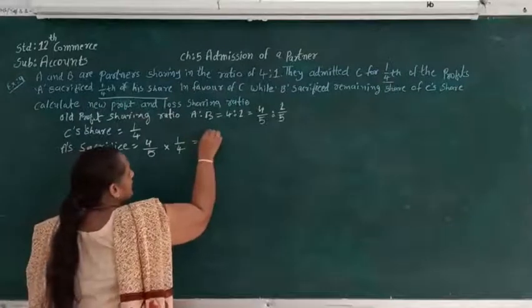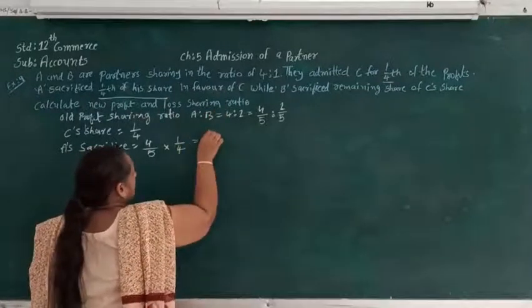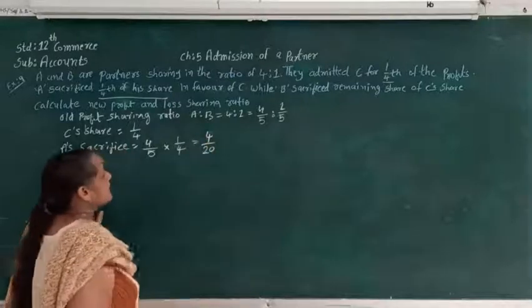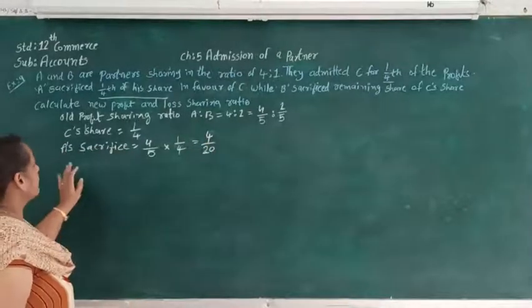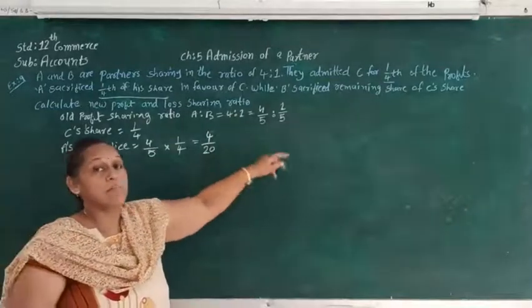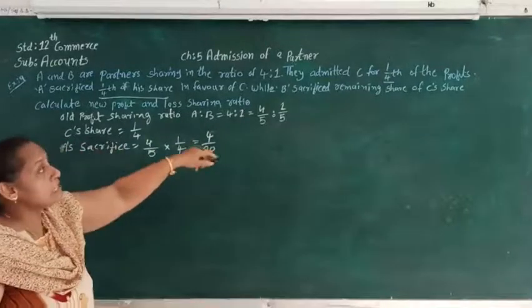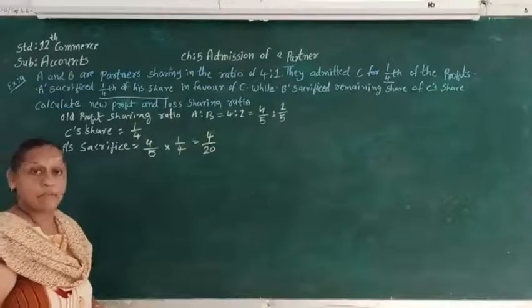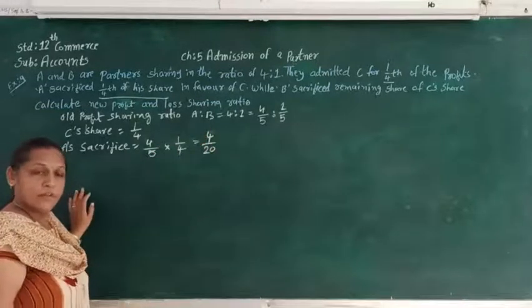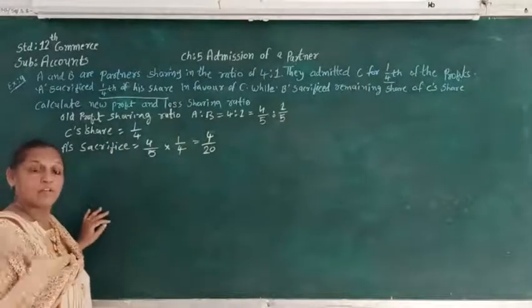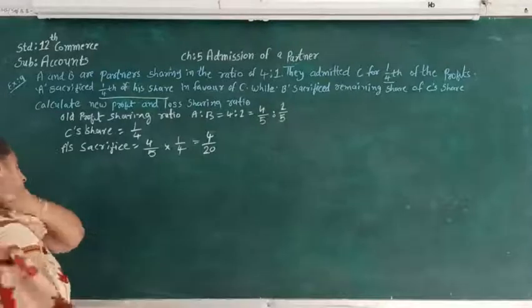So here 4 ones are 4 and 5 fours are 20. So this is his sacrifice. Now from A's sacrifice we are able to find out B's sacrifice, as B will sacrifice the remaining portion of C's share. So here B's sacrifice is equal to C's share minus A's sacrifice.